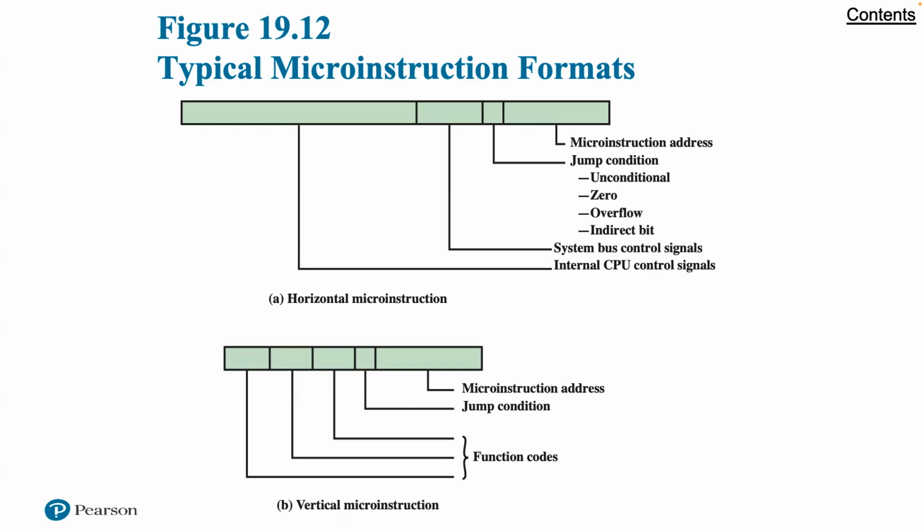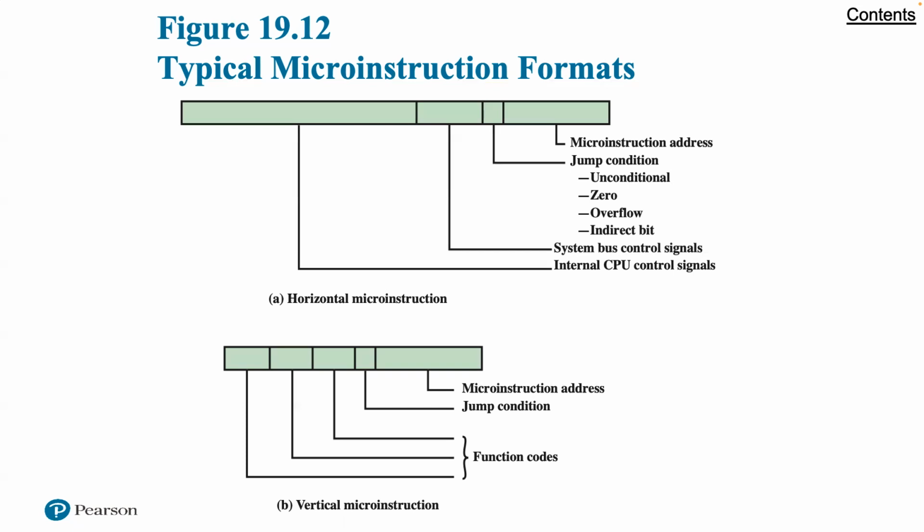The format of a microinstruction or control word is as follows. There is one bit for each internal processor control line and one bit for each system bus control line. There is a condition field indicating the condition under which there should be a branch, and there is a field with the address of the microinstruction to be executed next when a branch is taken.